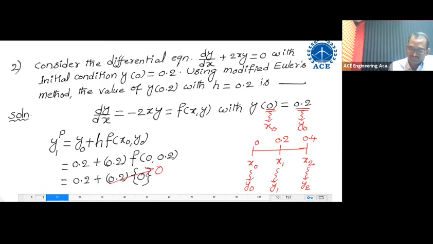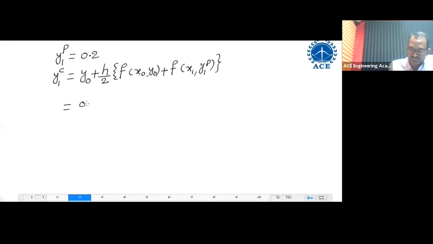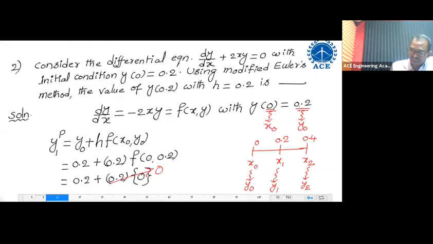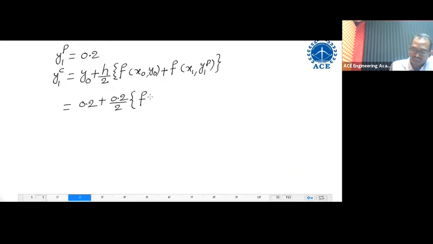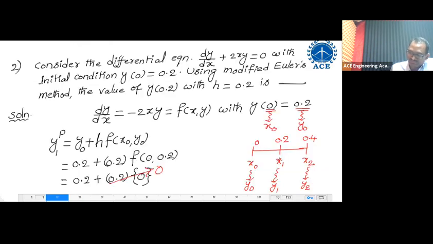What is y0? 0.2. What is h value? 0.2. F of x0, x0 is 0, y0 is 0.2, plus f of x1. Look at this diagram.